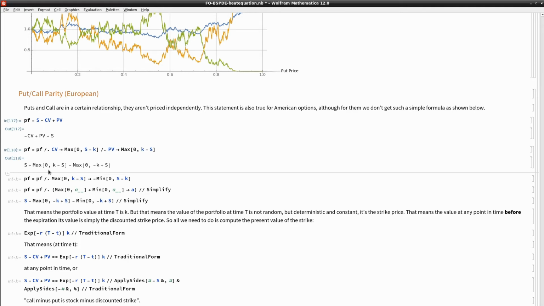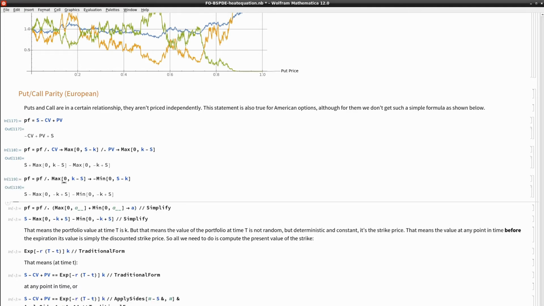So it's these max formulas. Let's do a simple transformation here. The max of 0 and K minus S is the same as minus the minimum of 0 and S minus K. So we are getting this formula. This is just a transformation.